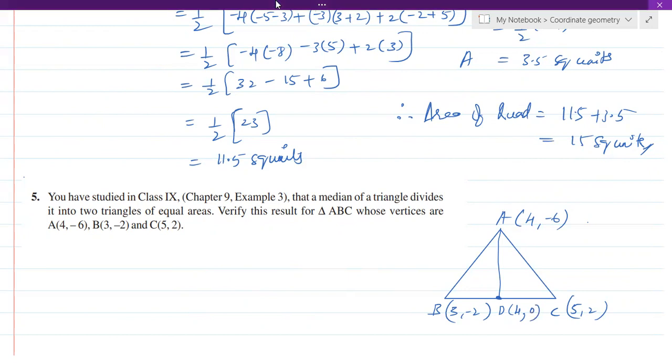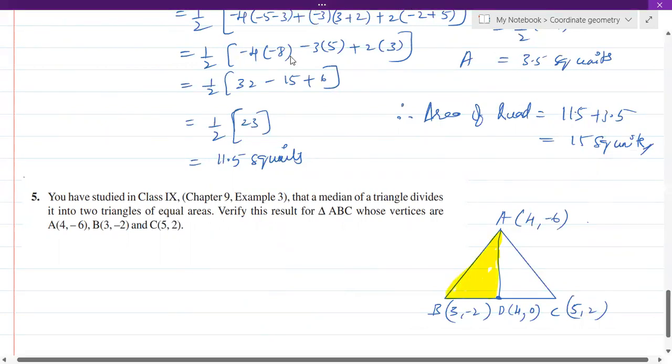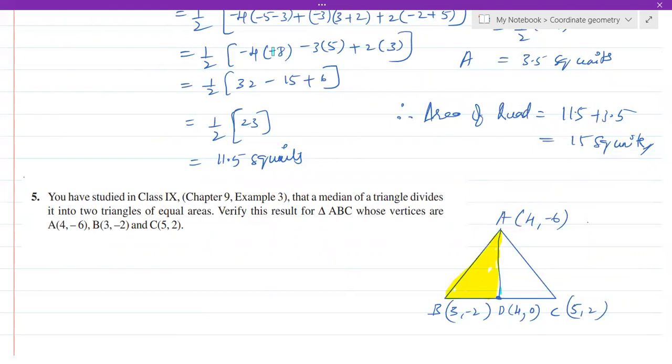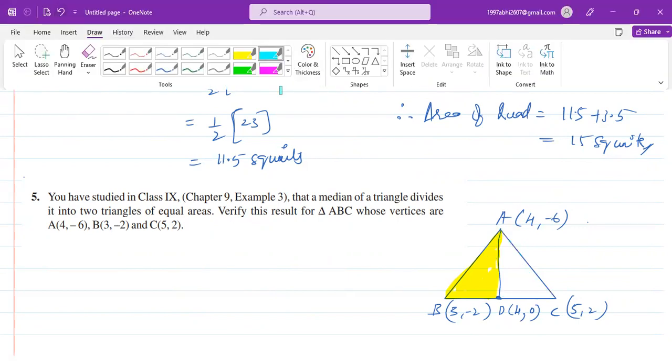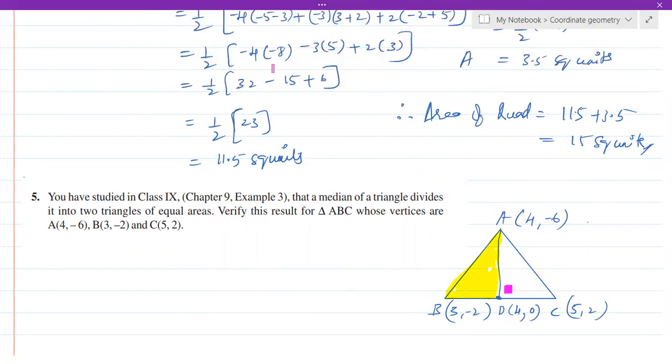Now, what you have to do is find the area of this triangle, the yellow color triangle, using the formula. I hope you guys can do it. Similarly, you have to find the area of the other triangle, which I'm shading in pink color.